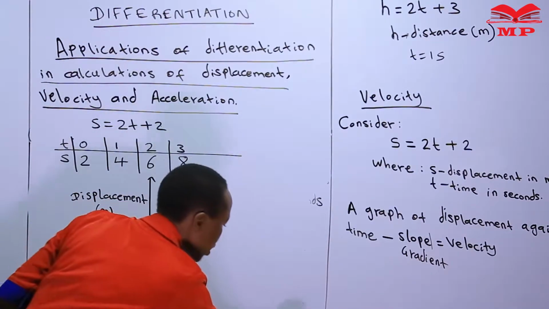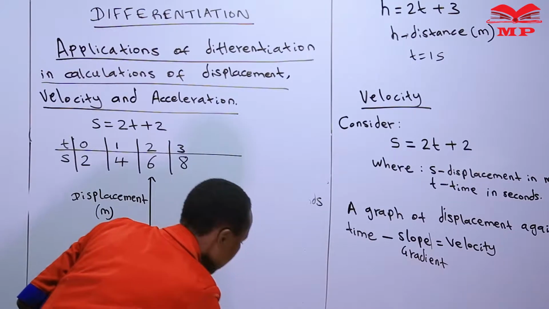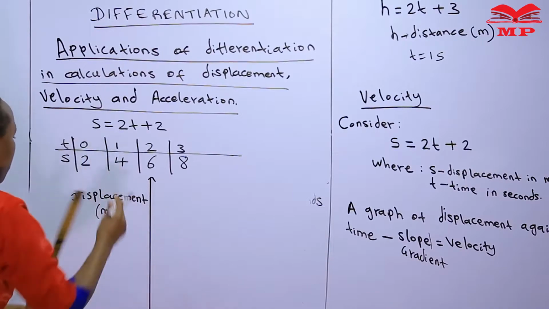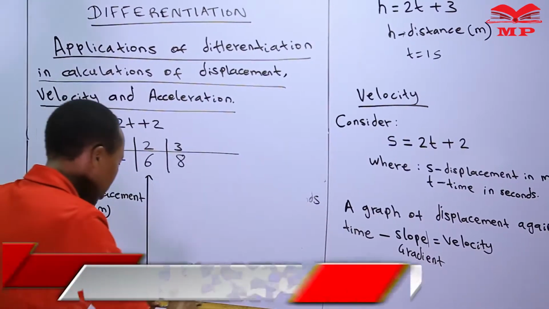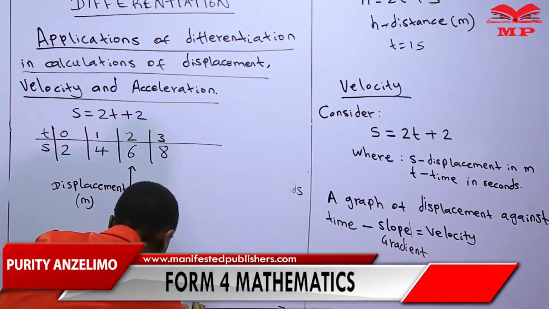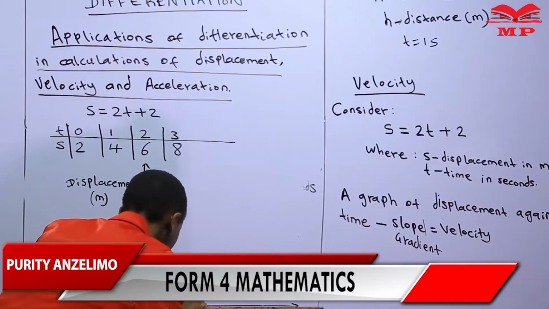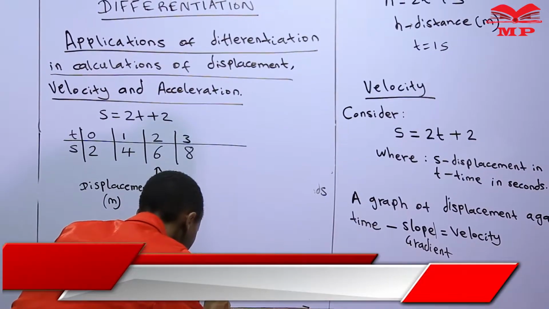Then on this axis we have time, and the time is in seconds. So we have time from 0 to 3 seconds, with 1, 2, 3.